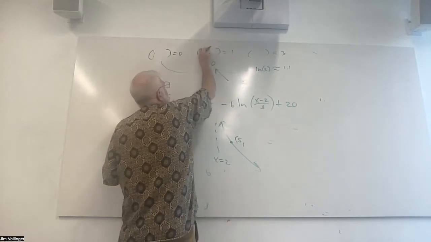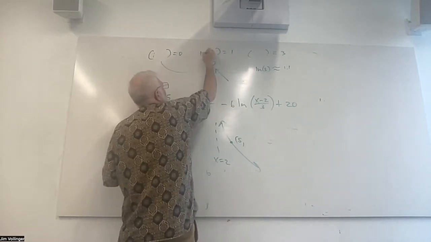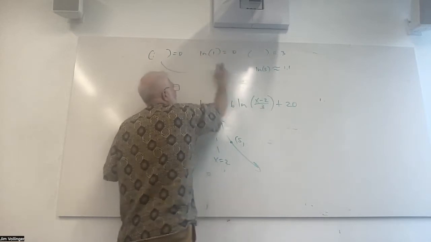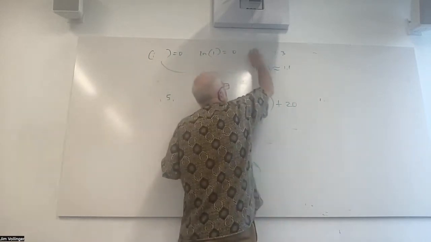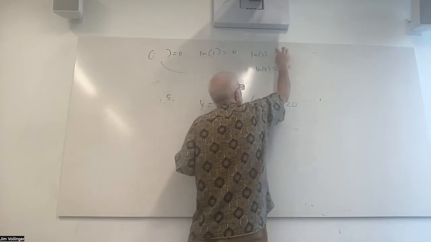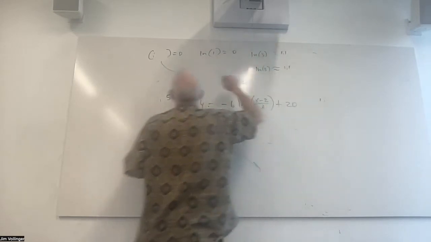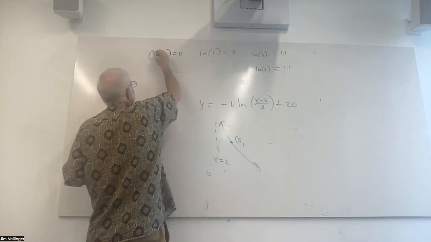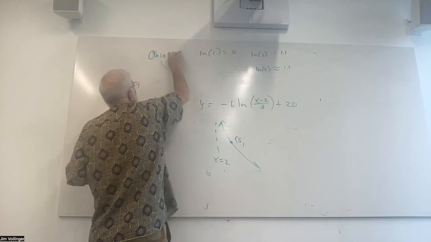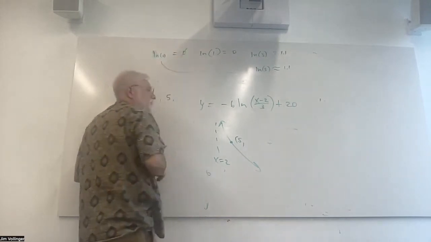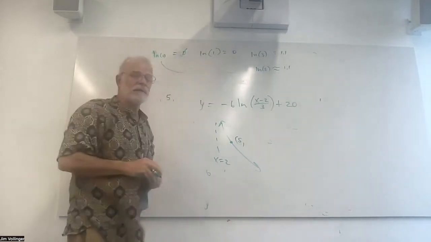Maybe it's better I do this, ln of 1 equals 0. Maybe that's better if I write that. Over here, the ln of 3 equals 1.1. And over here, the ln of 0 equals undefined. Okay, maybe that's how I should have done that.